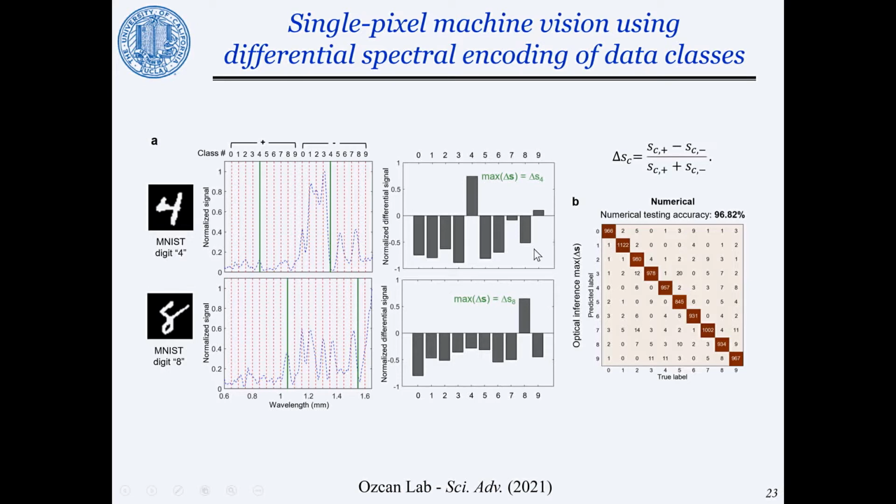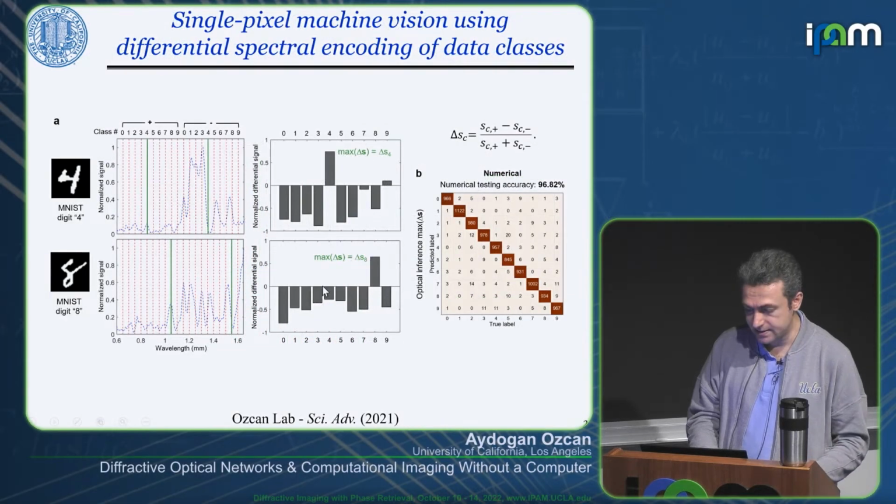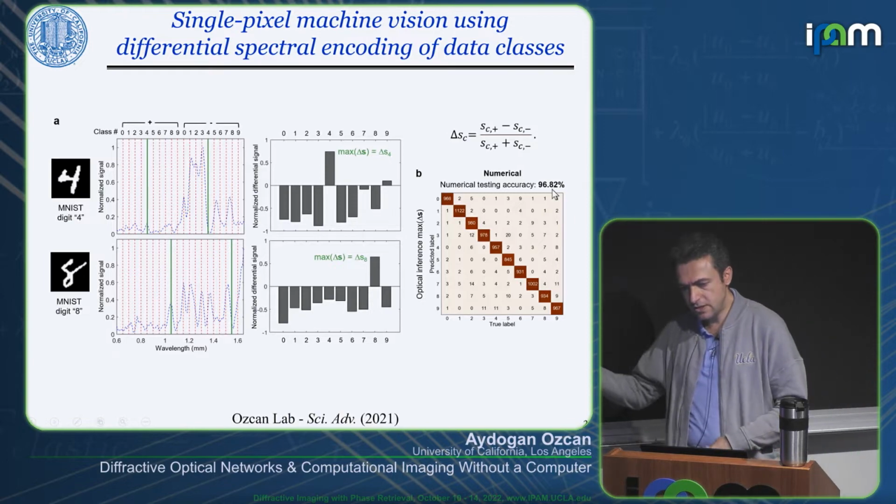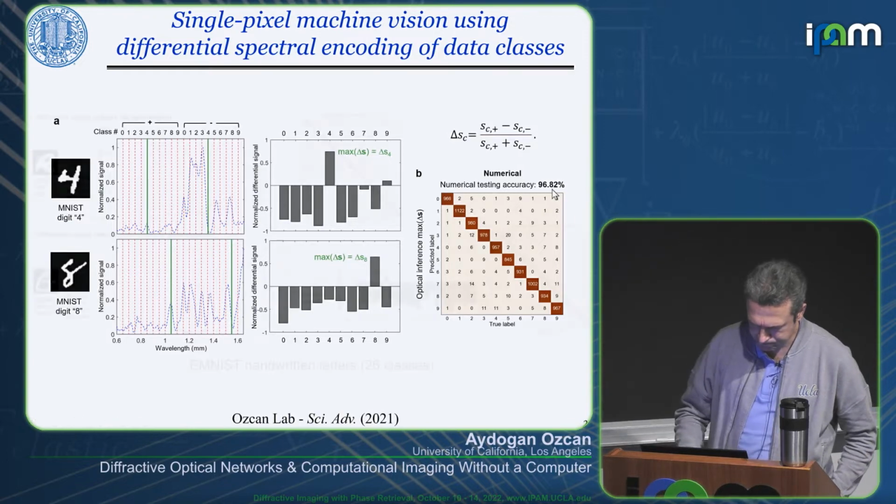So basically, this gives us the ability to represent negative numbers virtually, as opposed to having only intensity of the fields represent the class scores. That helps us improve our classification and generalization, and the differential class scores coming from 2 wavelengths show here the advantage. You have negative numbers for the unwanted classes, and the correct class gives you the positive polarity. With MNIST, with the single pixel spectral encoding, we have approximately 97% classification accuracy with the test data.